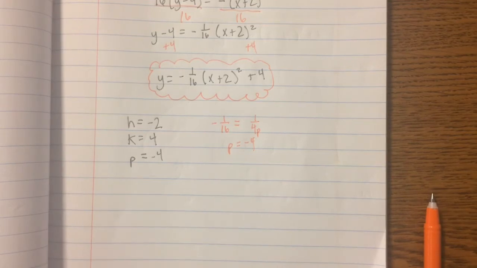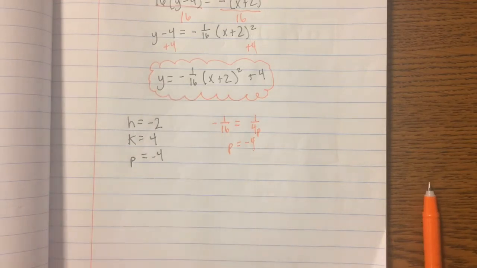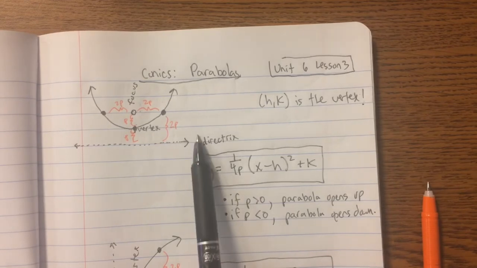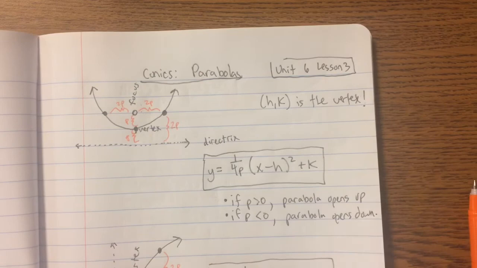But you're right. My question is, is the directrix horizontal or vertical? It's vertical because y is the thing outside of all the... So if I have y equals, then my directrix should be horizontal. Yeah. So I've got a horizontal directrix.